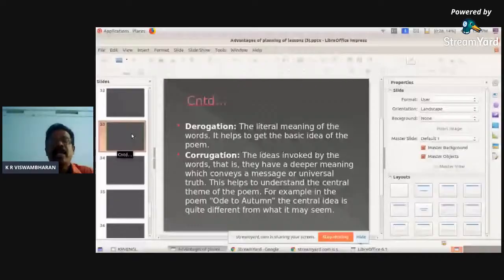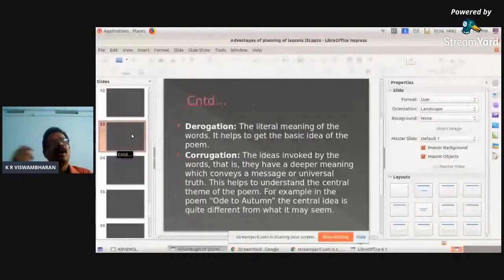Connotation, the ideas invoked by the words. This is very important, that they have a deeper meaning which conveys a message or universal truth. This helps to understand the central theme of the poem. For example, in the poem Ode, the central idea is quite different from what it may seem.